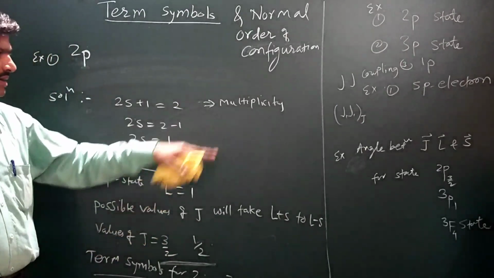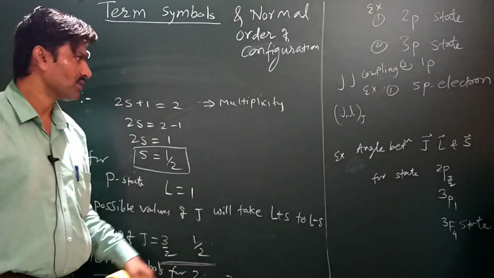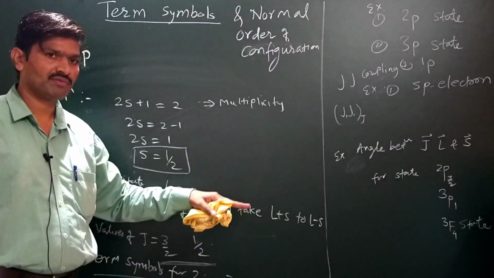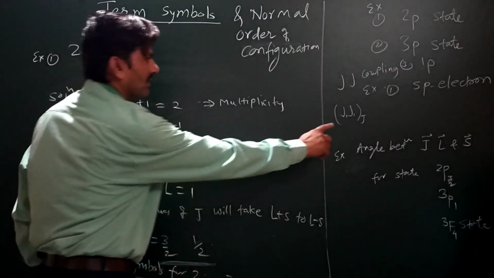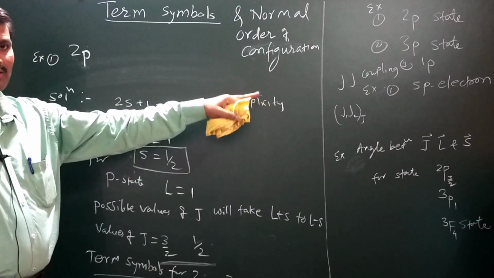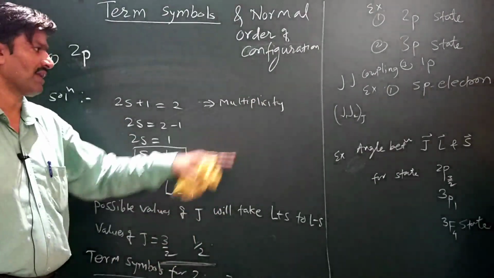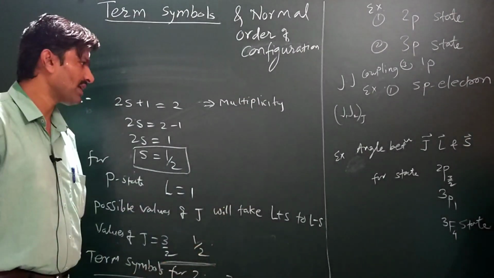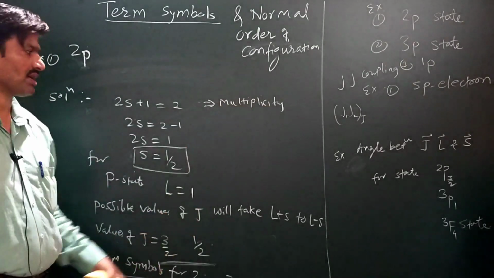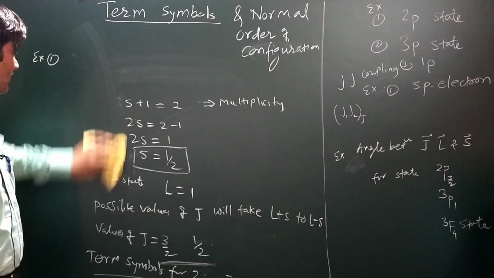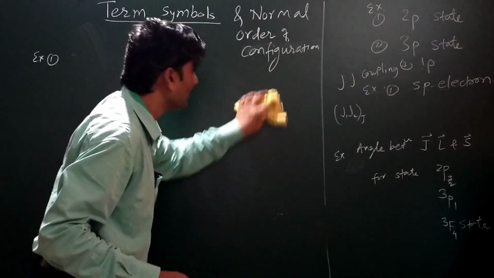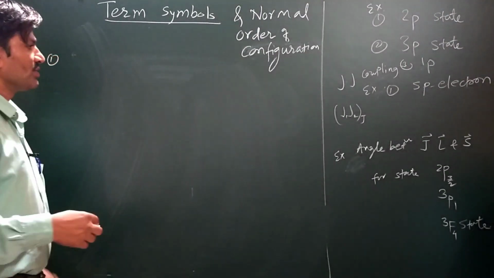The other coupling is JJ coupling. In JJ coupling, L1 and S1 will give J1, and L2 and S2 will give another J2, and J1 and J2 will give J values. In that case we can also write the term symbol for JJ coupling. So what terms arise using JJ coupling?